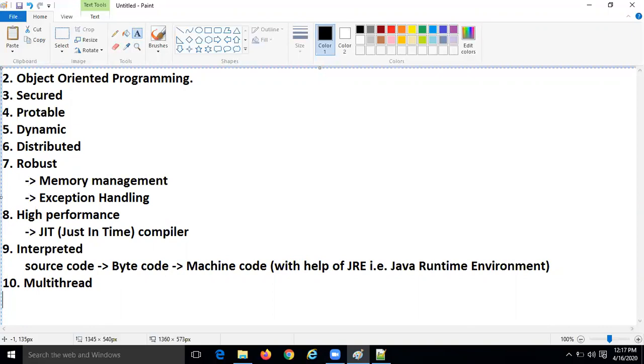The last feature is multi-threaded programming. Whenever you want to develop video games and animations, you can use multi-threading. Not only for that, you can schedule jobs also. We can use multi-threading. A beautiful concept in multi-threading is synchronization and deadlocks.